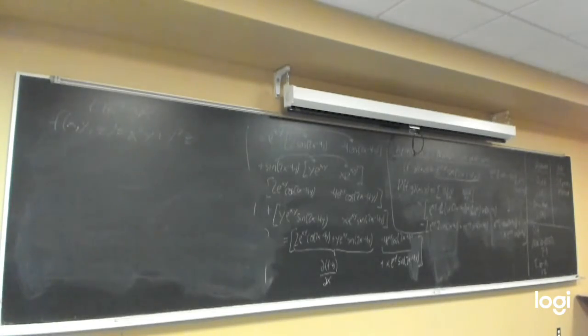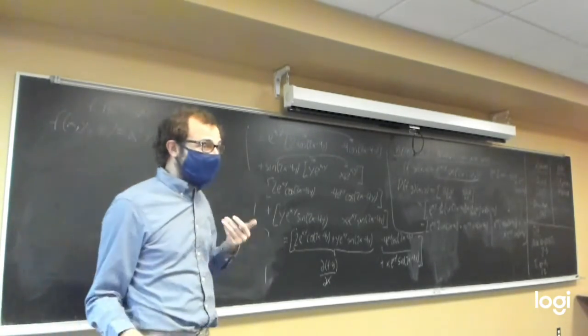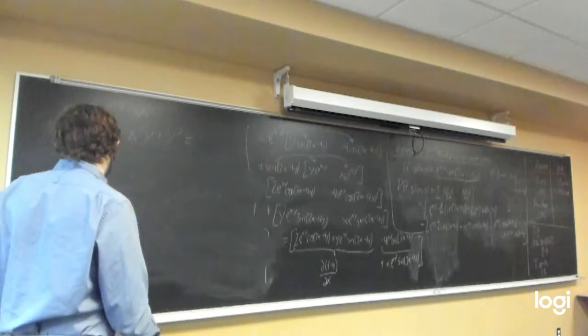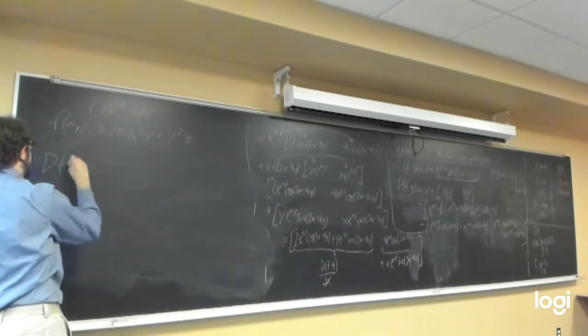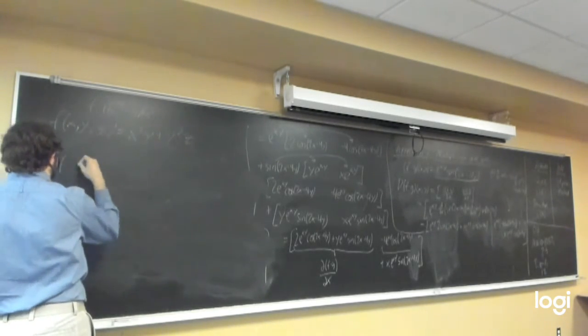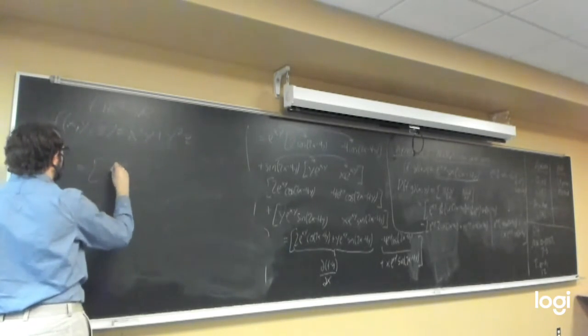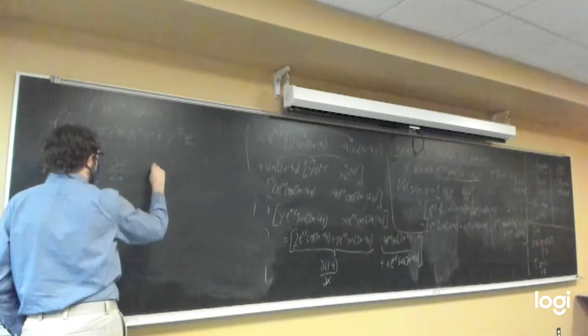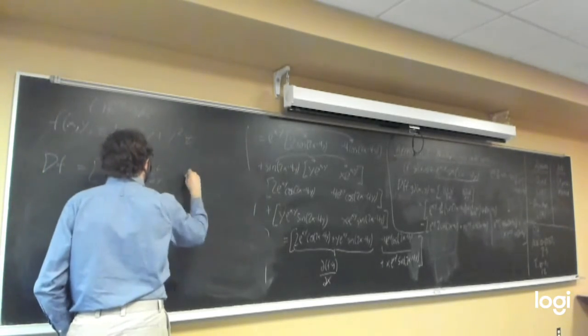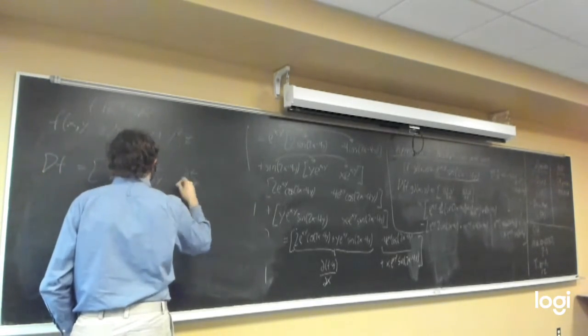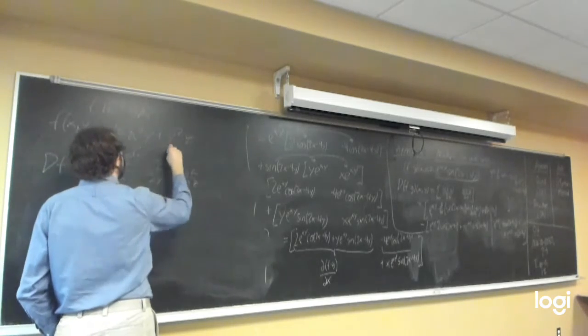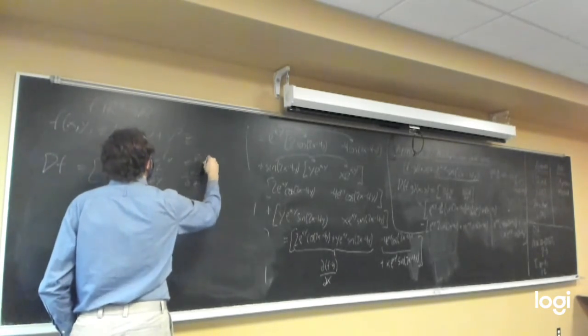We've talked a lot now about what it means to differentiate a function like this from Rn to R. We would say that the derivative of f is going to be a matrix with one row, 3 columns: del f del x, del f del y, del f del z, or if you prefer, f sub x, f sub y, f sub z.